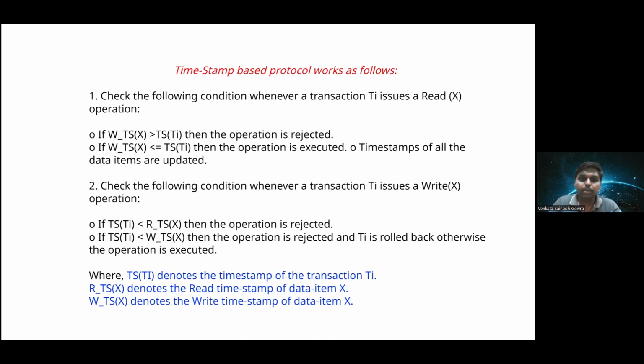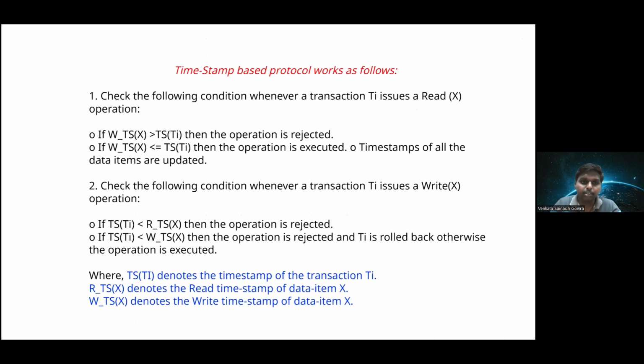Firstly, it checks the following condition whenever a transaction TI issues a read operation. Here the sequence is: if WTS of X, the write timestamp, is greater than TS of TI, the timestamp of the transaction, then the operation is rejected, because you cannot write the data without first creating or denoting a timestamp.